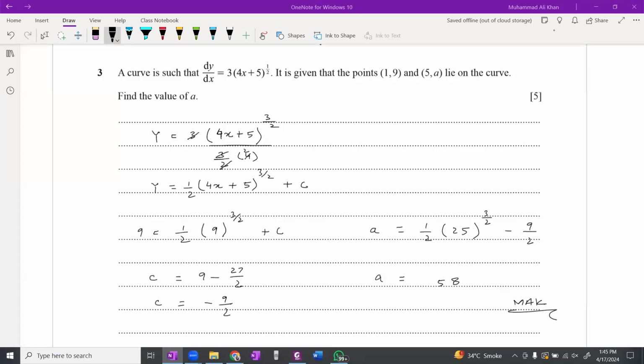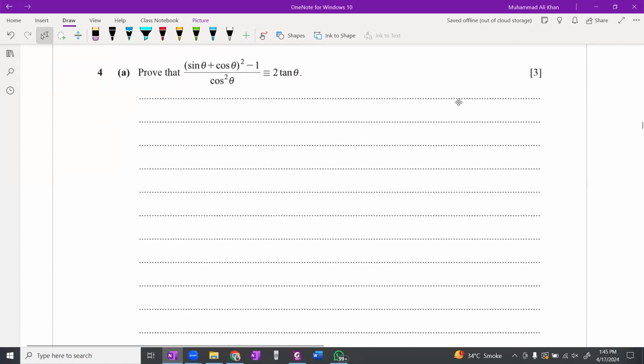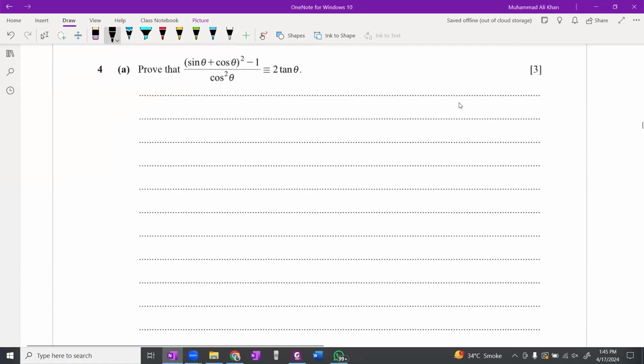Now, what is next? The next is the question of trigonometry. We have to prove the identity. So I'm taking the left-hand side and expanding the bracket by the A plus B whole square formula: A square plus 2AB plus B square, divided by cos square theta, and minus 1 is here.